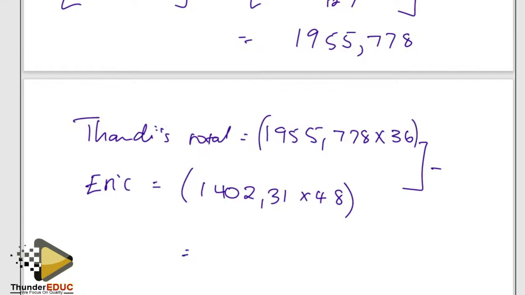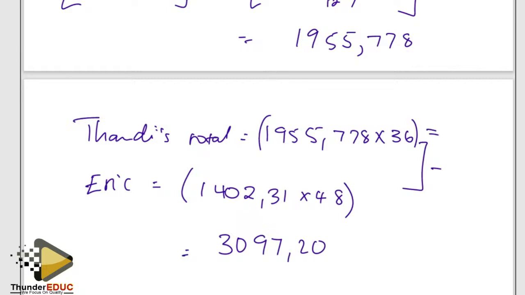Since Tandy is making bigger deposits, chances are high she's going to make a lot of money at the end of the 36. So we're going to say that much minus that. I'm getting 3097.20.